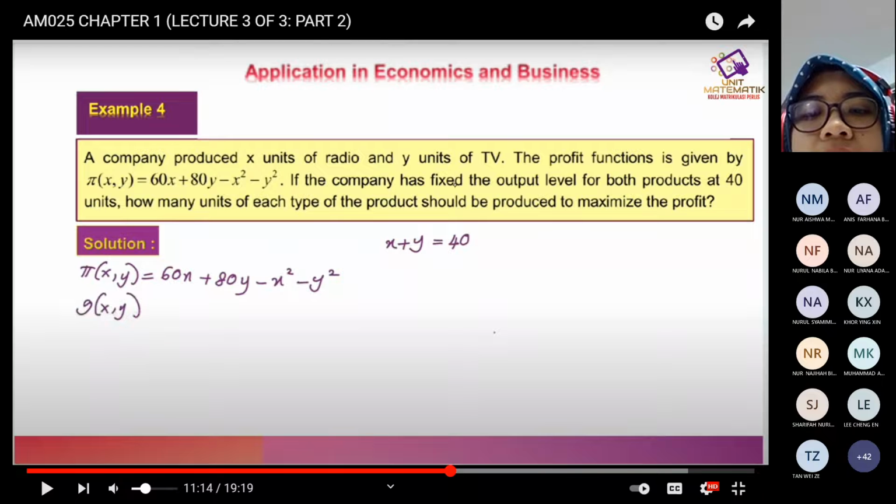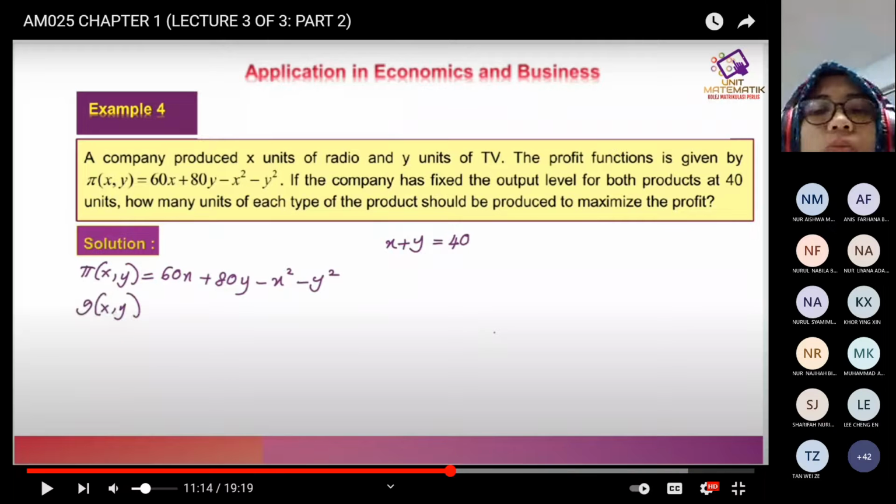If the company has fixed the output level for both products at 40 units. Ni dia punya constraint. Bermaksud halangan ataupun limitation yang company tu ada. Company tu kata, sekiranya company ni ada output level yang dia dah tetap dah. Output level dia tetap dah 40. Maksudnya ni lah dia punya constraint.